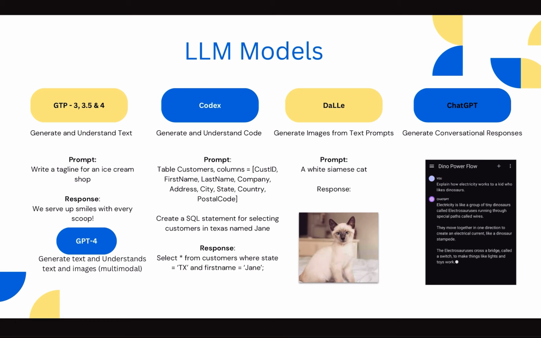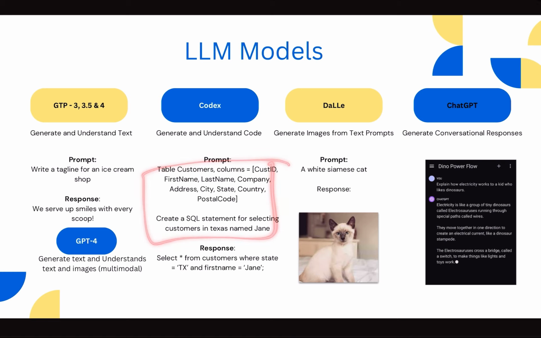Similarly, it can do code generation, so you can generate and understand code. Let's say you are giving a prompt with a customer table with columns customer ID, first name, last name, company, address, city, country and postal code, and it says create a SQL statement for selecting customers in Texas named Jane, right?